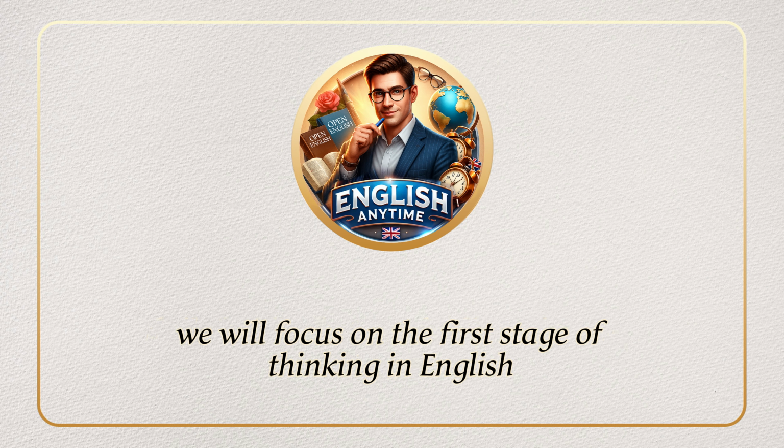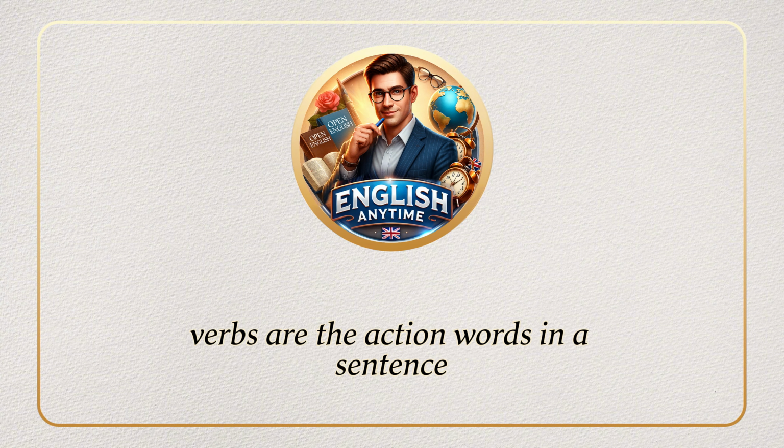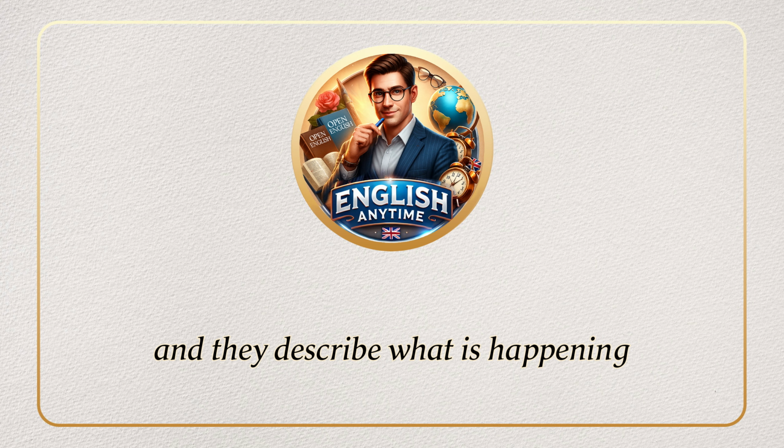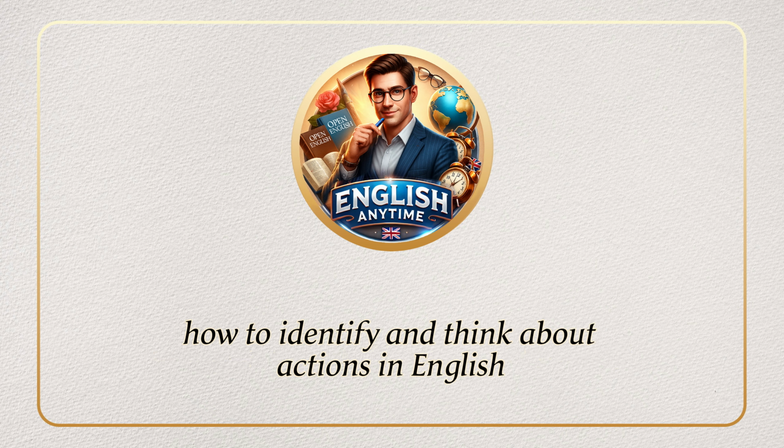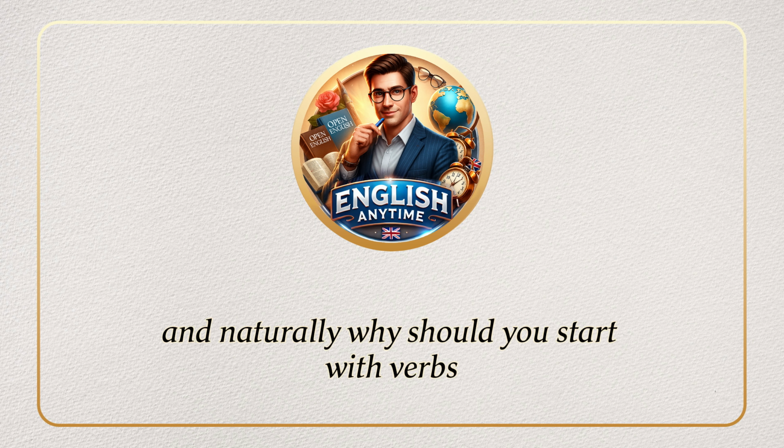In this part, we will focus on the first stage of thinking in English, thinking in verbs. Verbs are the action words of a sentence, and they describe what is happening. By practicing how to identify and think about actions in English, you can start forming sentences in your mind more quickly and naturally. Why should you start with verbs?